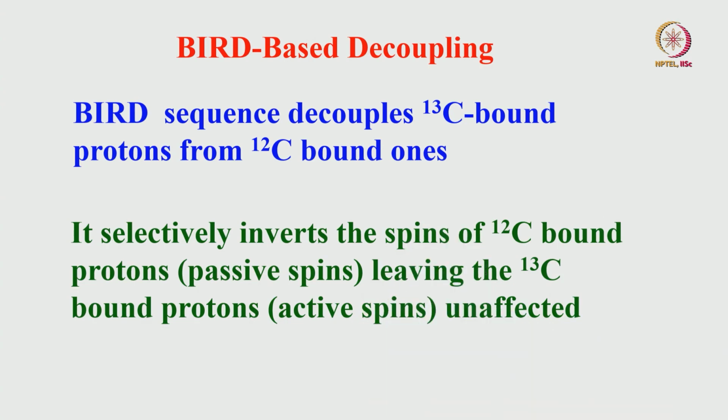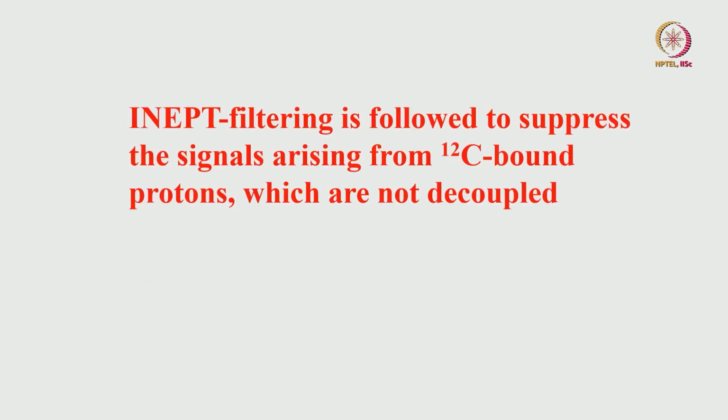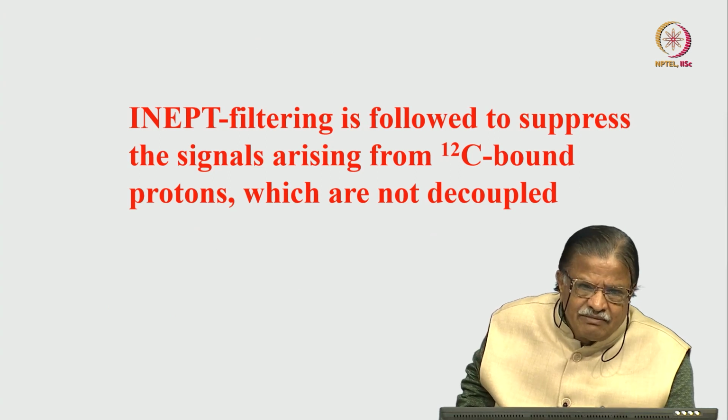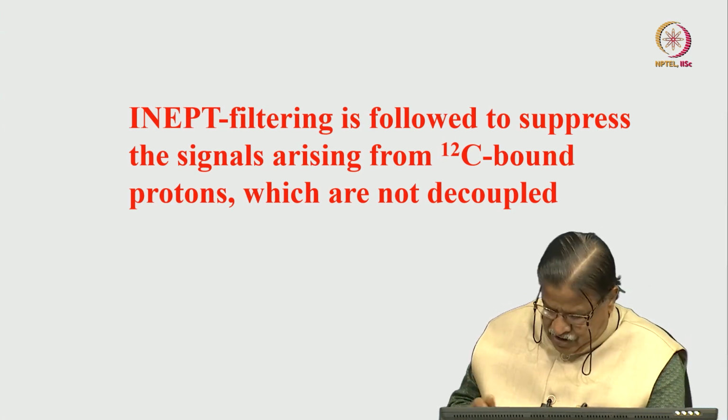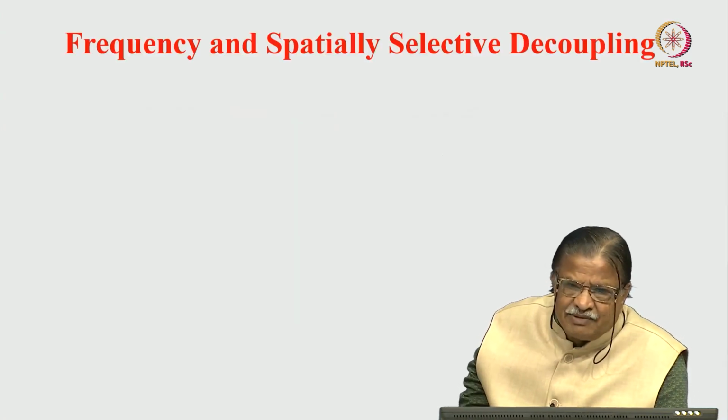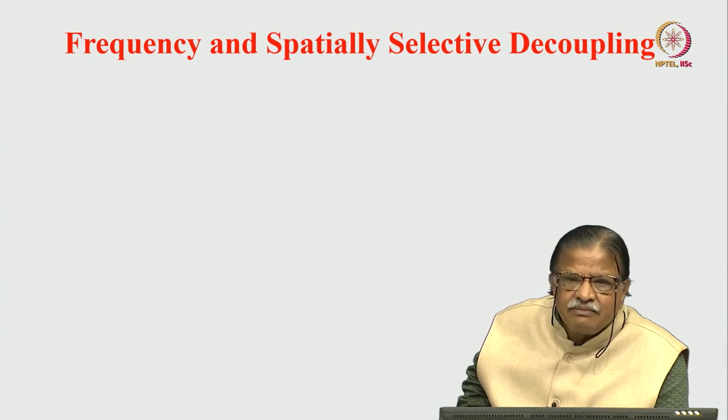We saw this when we discussed BIRD decoupling, especially when we do HSQC, HMQC, etc. Following that, INEPT filtering is done to suppress the signals arising from carbon-12 protons, which are not decoupled. Finally, frequency and spatially selective decoupling you can do.